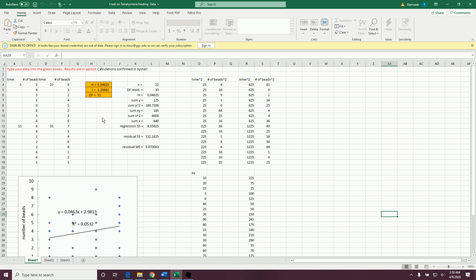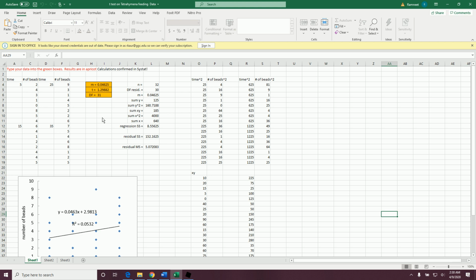As I said, if your T value is larger than the critical value, you reject the null hypothesis and accept the alternative hypothesis. But in this case, the T value is less than the critical value, so we cannot reject the null hypothesis. So we have to accept the null hypothesis.